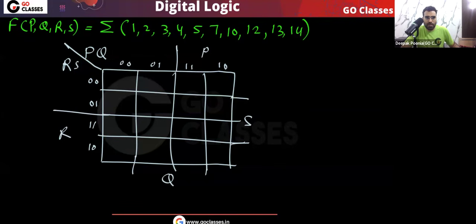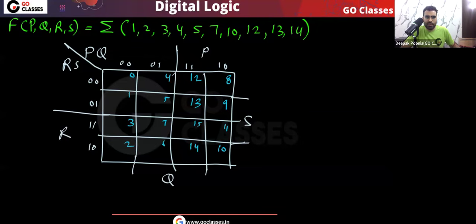Do you recall? The cell numbering is like this: 0 1 2 3, 4 5 6 7, 8 9 10 11, then 12 13 14 15.